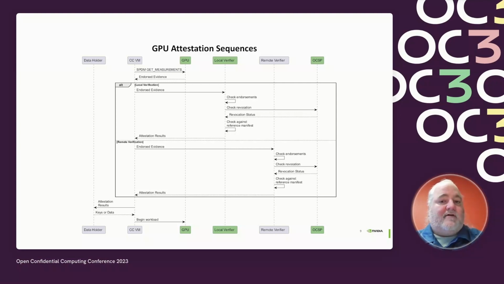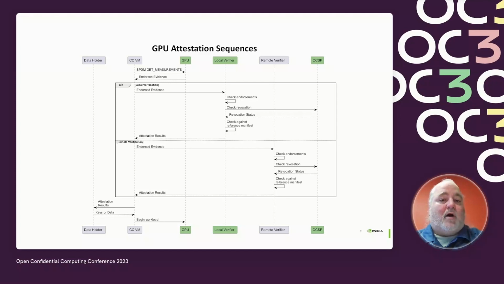If you're using a local verifier, the nonce is created locally inside the VM and is provided as part of the measurement generation and the measurement endorsement. So once you have that, then the verifier knows that the data that it's examining for verification isn't stale, that was not captured by an attacker at some point in the past.